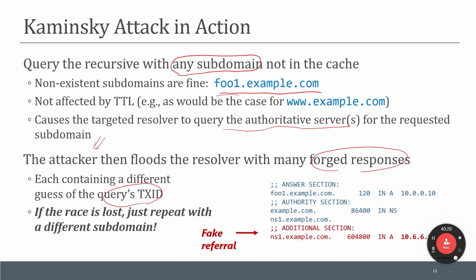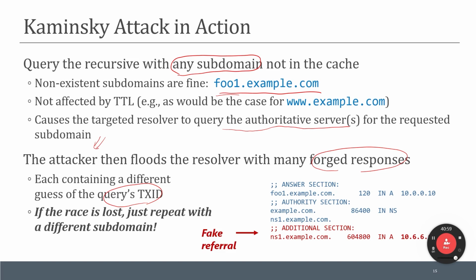So if it's possible to guess the right transaction ID by looking at different queries, then attackers can successfully predict the transaction ID. But another thing is that the attacker should win the race. If the race is lost, then what happens? Then the attacker can repeat with a different subdomain again and again.